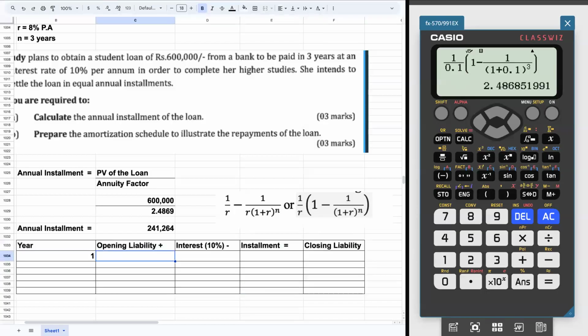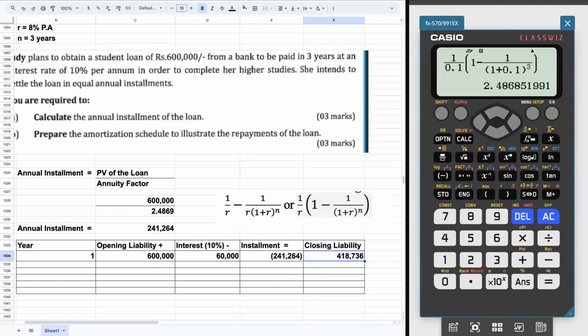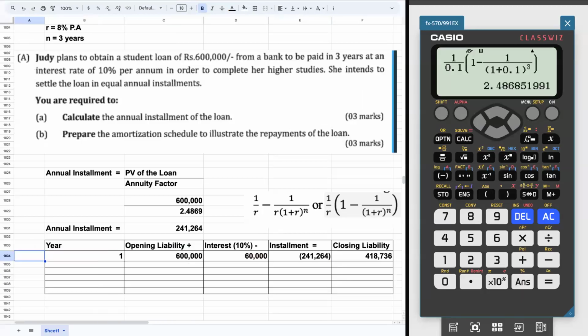So in year one, we are taking a 600,000 loan, right? And the interest for this 600,000 is 60,000. And the installment we have calculated here is 241,264. We will settle this for interest as well as for the loan amount. So you will end up with this amount, right?